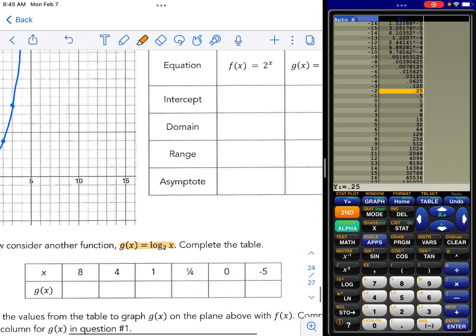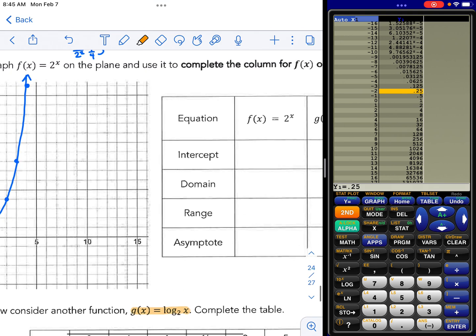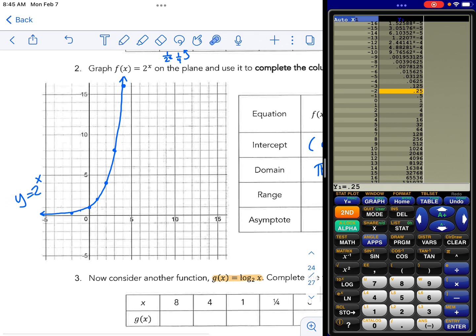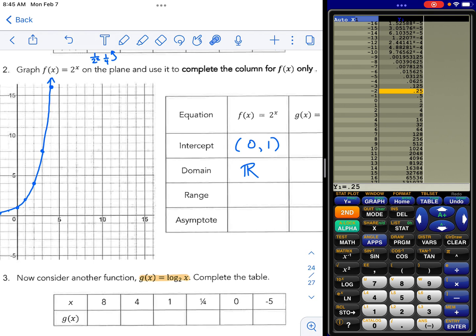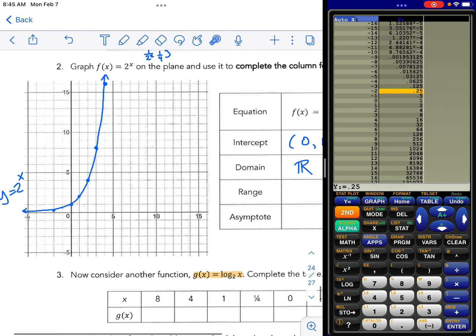So now what we're going to consider is this log base 2 of x. Now, we're going to make a table of that too. Oh, actually, before we make a table, let's fill in this information. Right, the intercept is 0, 1. The domain, the x values that we use, are all real numbers. So we're using all of these x values.